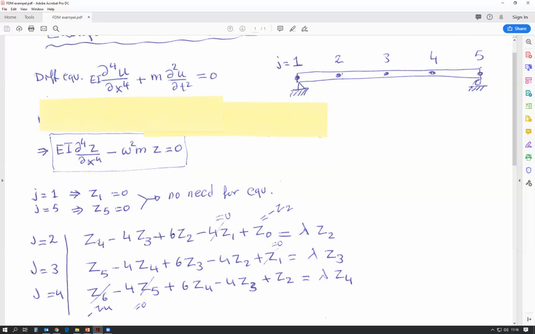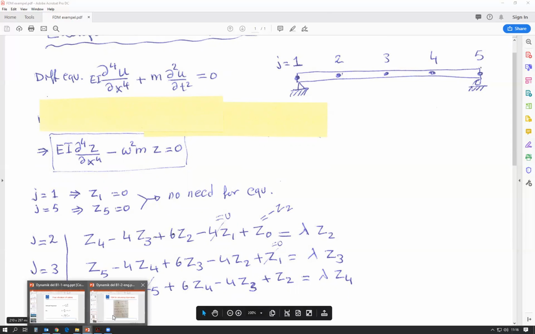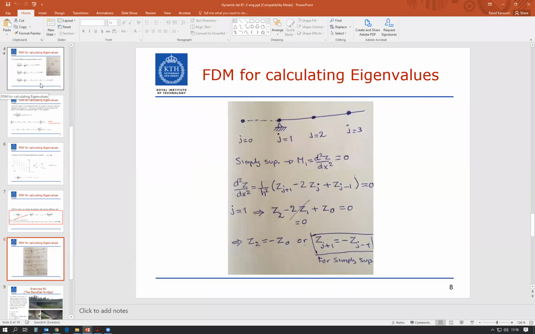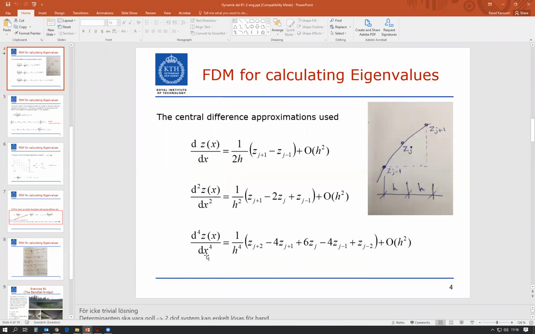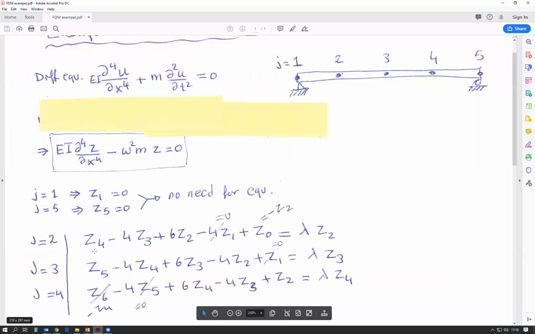Point 2, it's z4, which is, go back here. So the fourth derivative. So this is zj plus 2. Okay, so j is number 2. 2 plus 2 is 4.